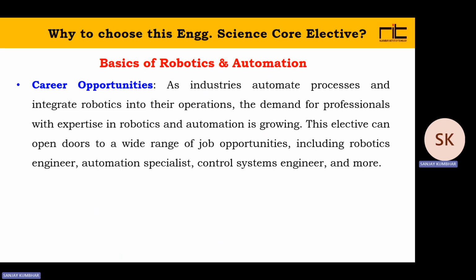So this basics course will open the doors to think about whether one can select those minor subjects. If you opt for robotics and automation as your minor next year, you will get your degree, maybe BTech ANTC with minor in robotics and automation. If you have such degrees, then these job opportunities will open the door to you.